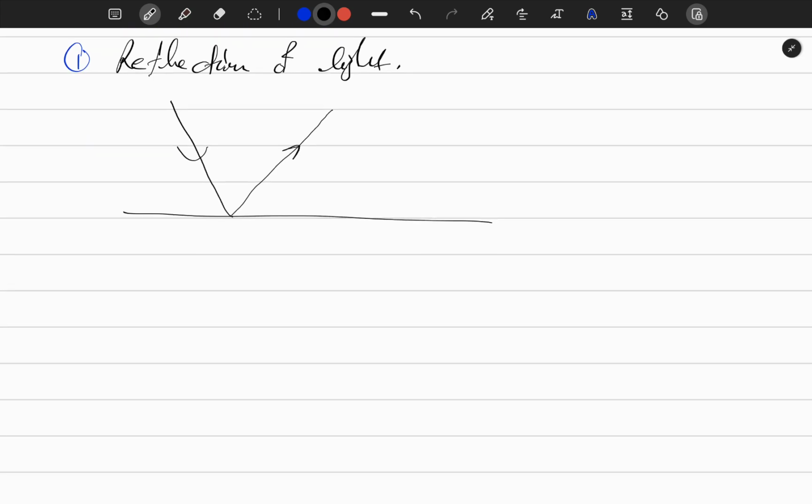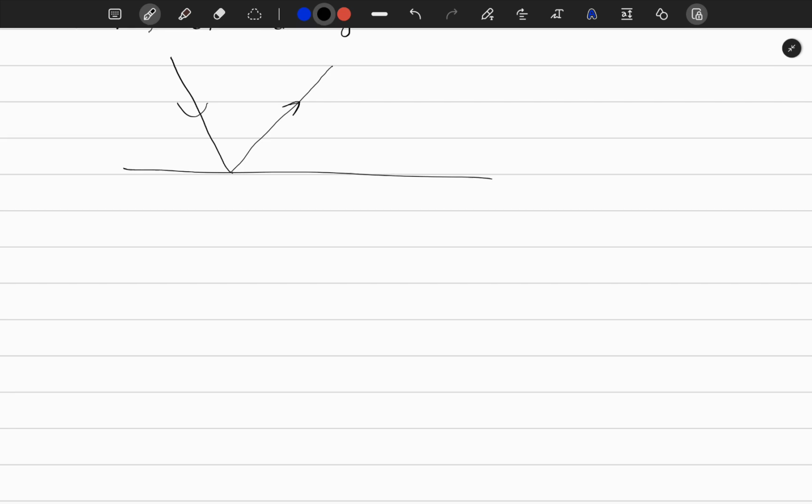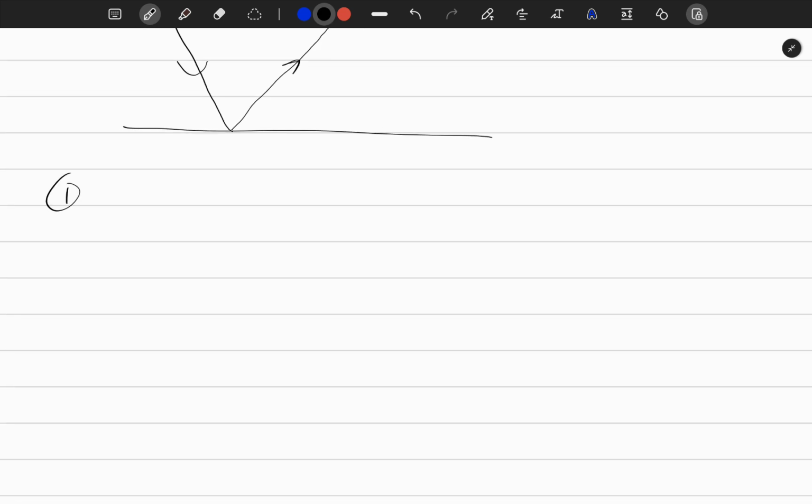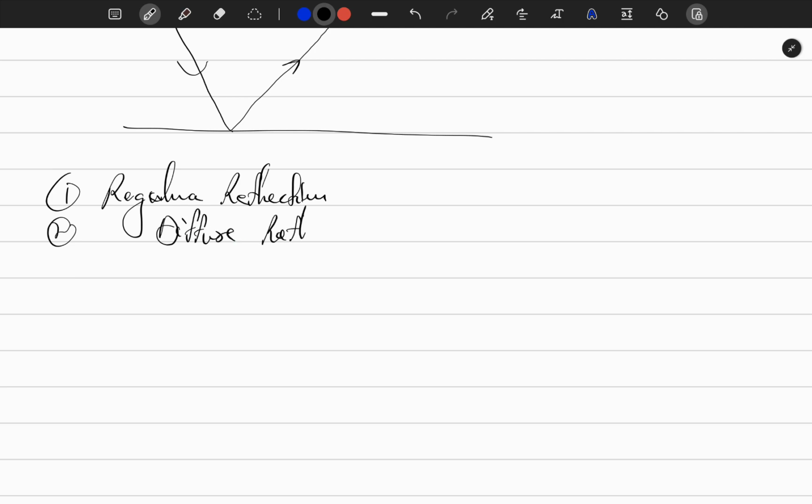Reflection from a smooth surface is called regular reflection. So there are two types of reflection: regular reflection and second is diffuse reflection. Regular reflection is reflection from a smooth surface.